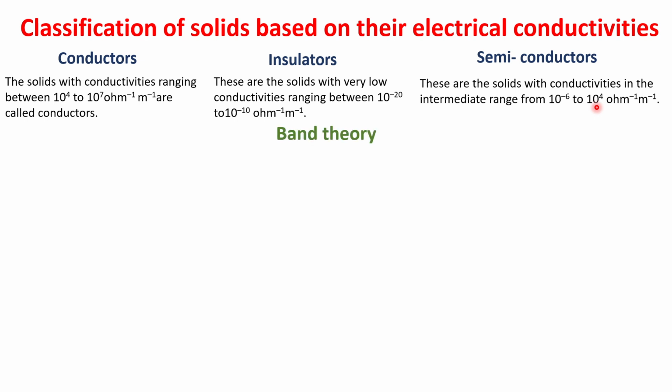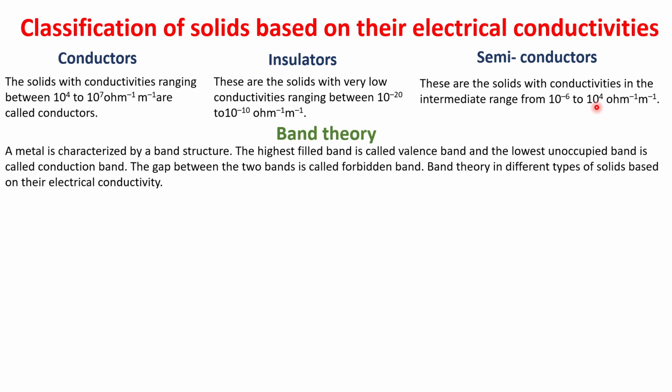To understand how solids conduct electricity, we need to understand band theory. A metal is characterized by a band structure. In this theory, we consider a metal and study it through its band structures. The highest filled band is called the valence band and the lowest unoccupied band is called the conduction band. The gap between the two bands is called the forbidden band.